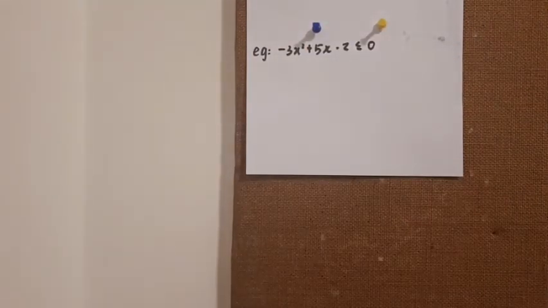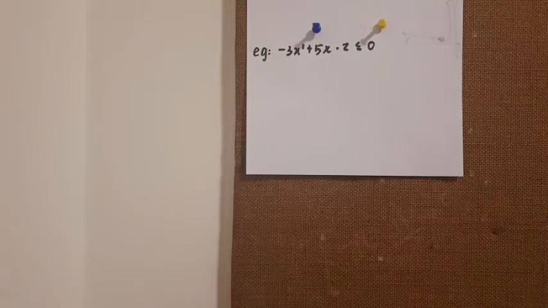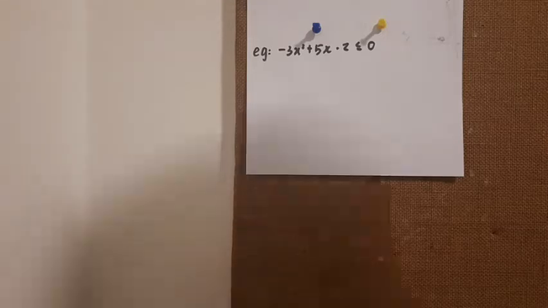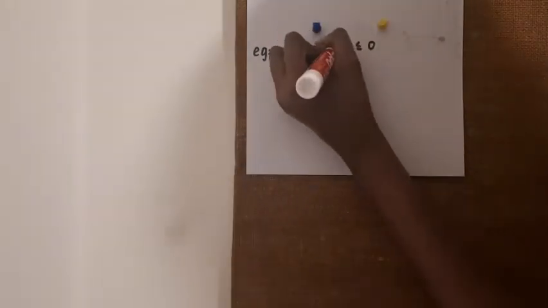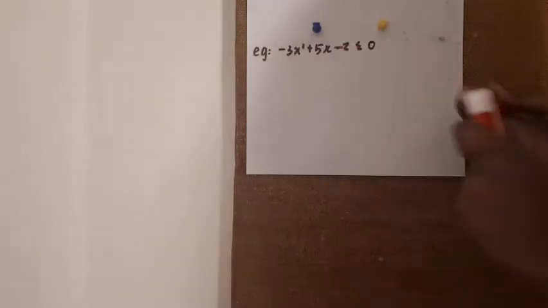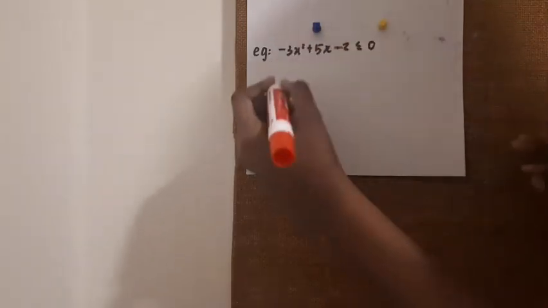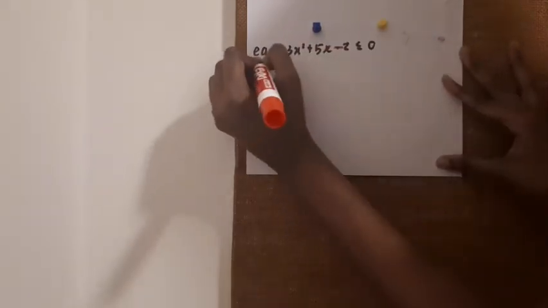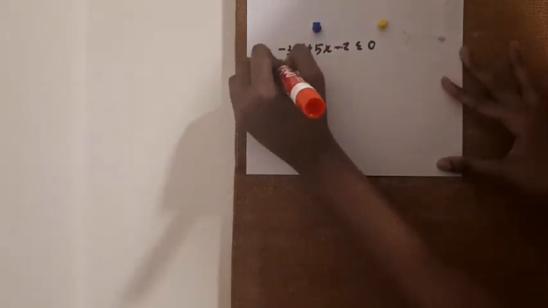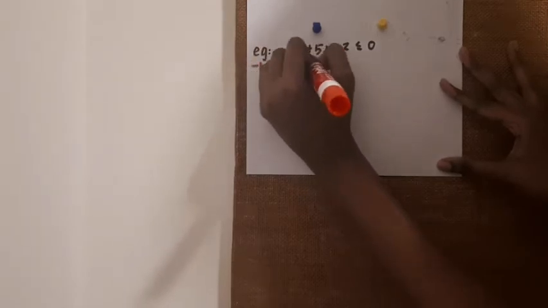So again, as I said, the first rule is to make sure the inequality is positive, and if you have a look, this inequality is not positive, which means you have to multiply your left hand side and the right hand side by negative 1 to make it positive. So it's going to be something like this.